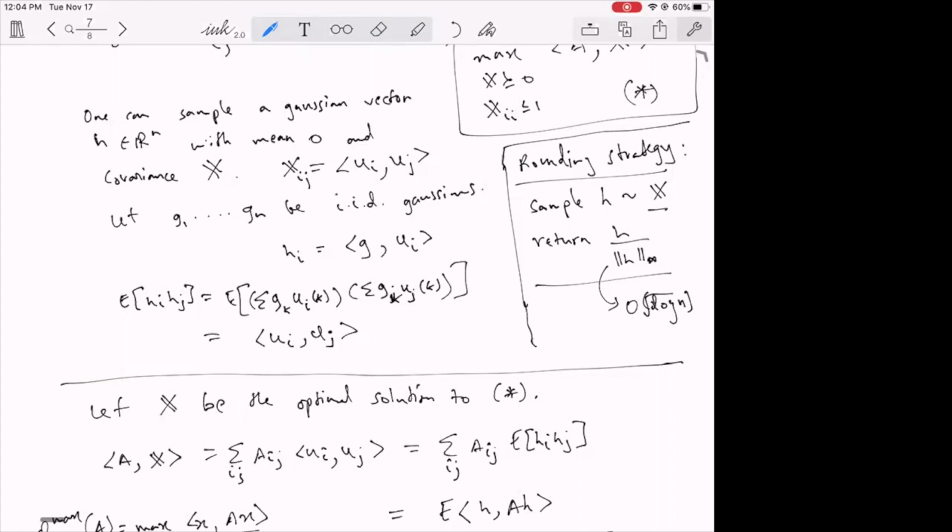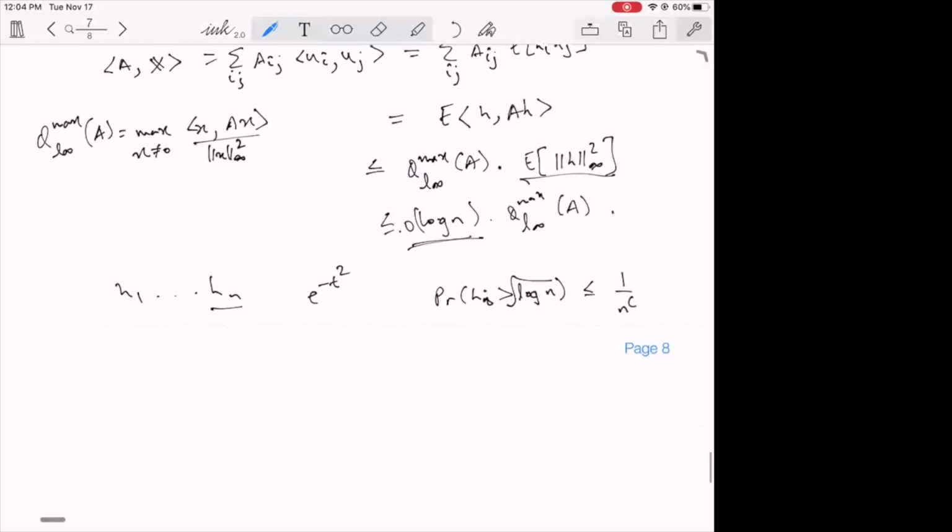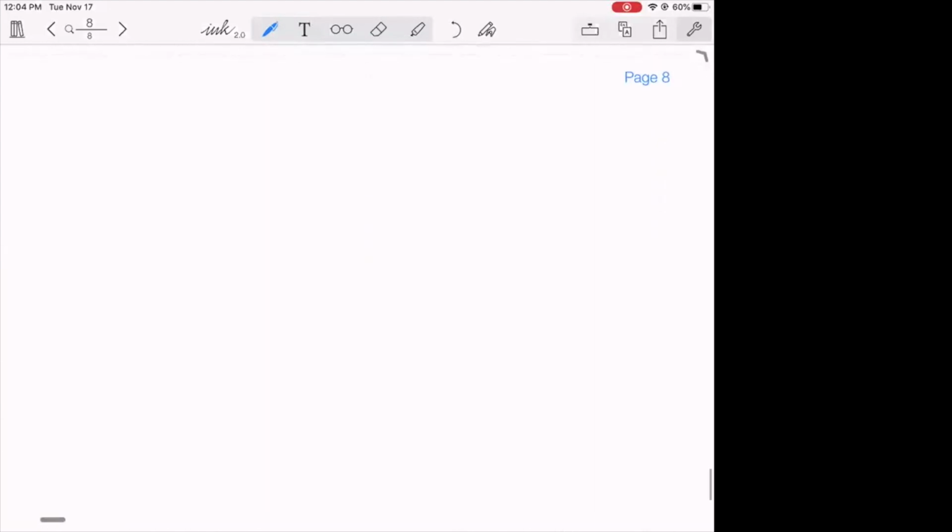Sorry, I made a mistake here. Because this is a quadratic problem, you lose log n. You lose the square of the normalization. So we proved the rounding part of the Grothendieck quadratic case.